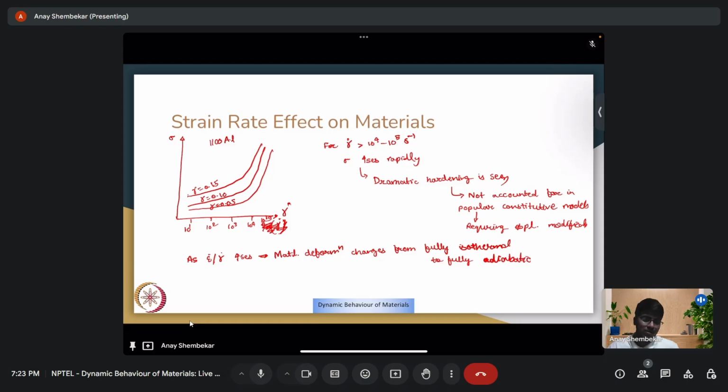This fully adiabatic process can in turn give rise to certain instabilities within the material, shear instabilities, which we'll look at in the following week's lecture.